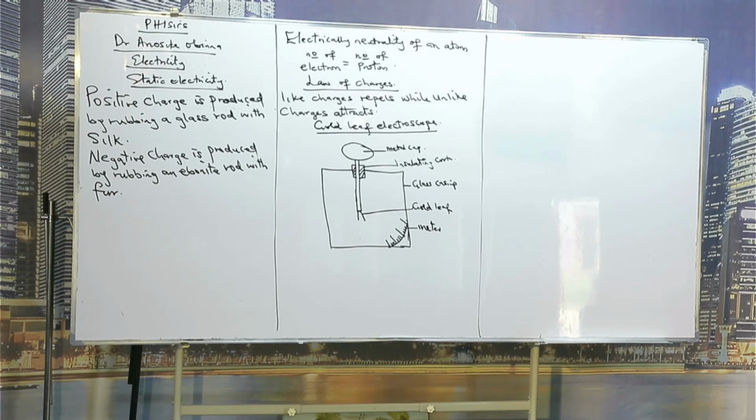What will we call that material? It's called a conductor. Now, if it cannot conduct electricity, what do we call it? It's called an insulator. Now, if it may conduct electricity, what do we call it? We call it a semiconductor.